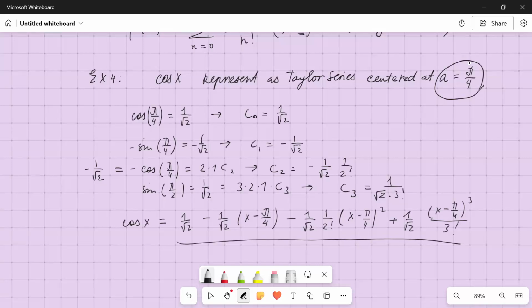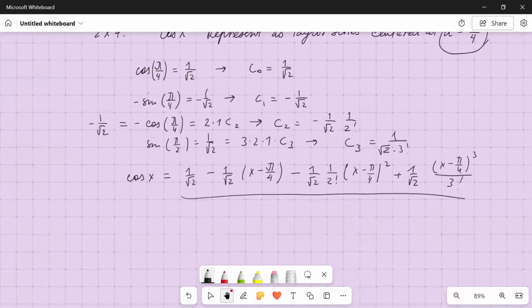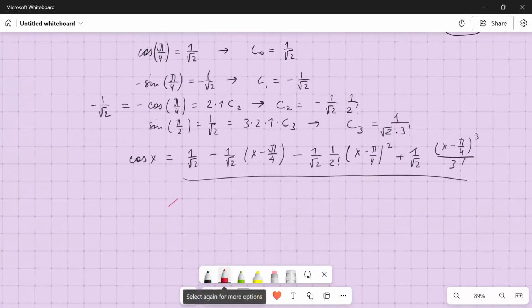Now, guys, maybe we talk a little bit about how people use Taylor series. There are many uses of Taylor series, but we're going to start with one. People call all series, centered at zero and not centered at zero, Taylor series.